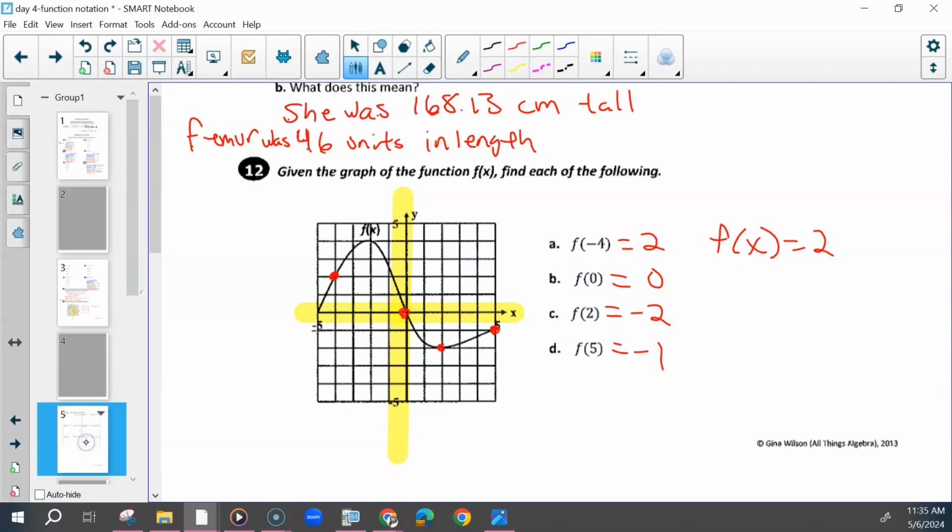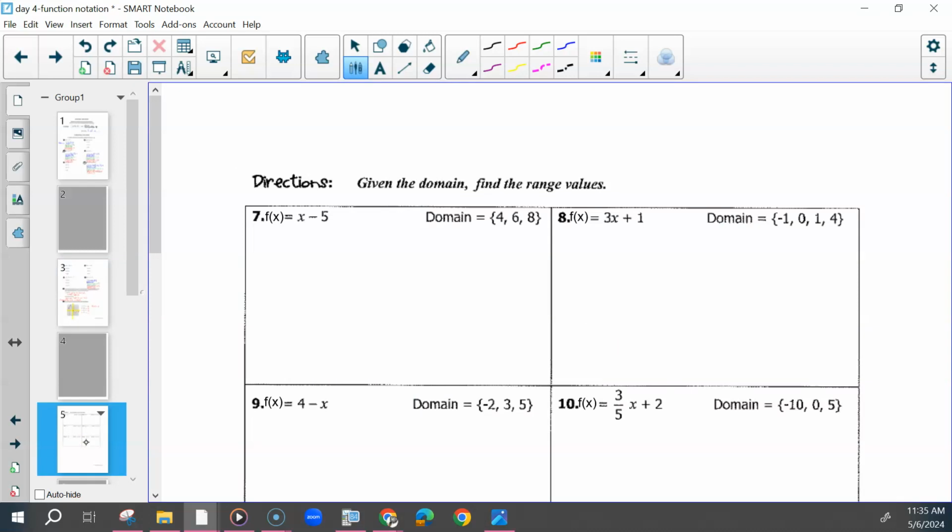This last part is very similar to what we started off doing, but now instead of saying f of some number, they give you a list of domain values, and you have to find the range values by either putting each one in and doing it algebraically or using your tables/Desmos. I'll show both.